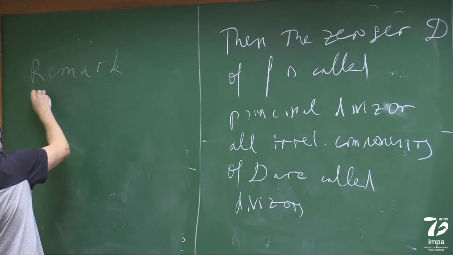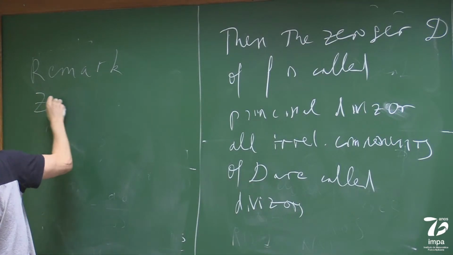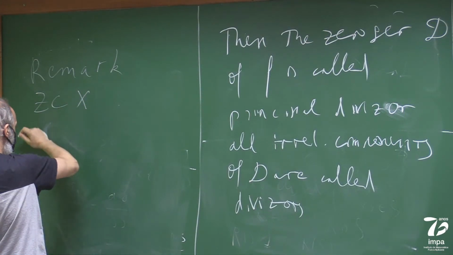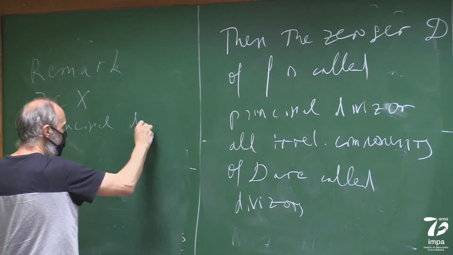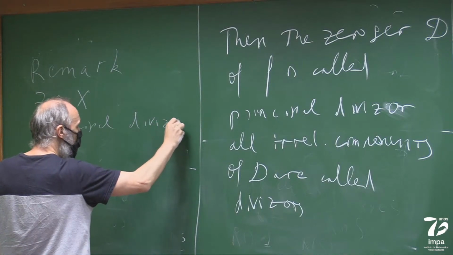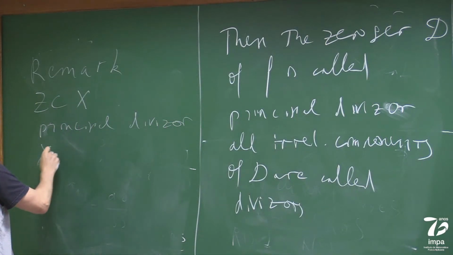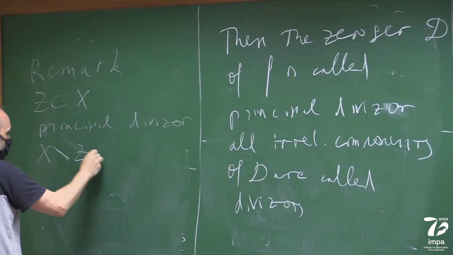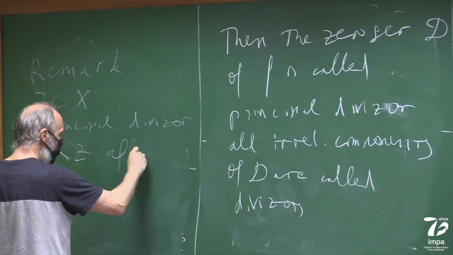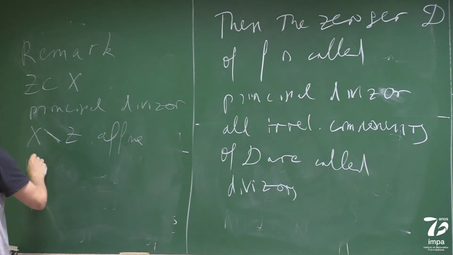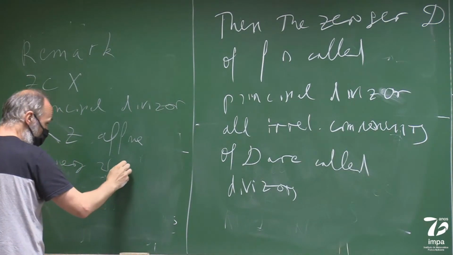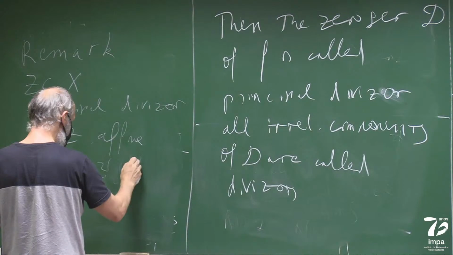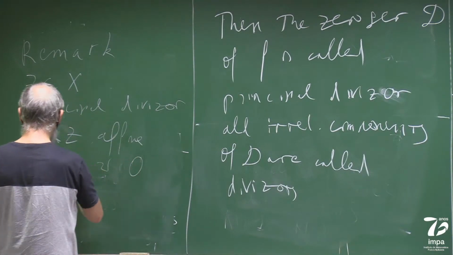If you have Z inside X a principal divisor, then X without Z is an affine variety with a structure ring, so let's call it X1.